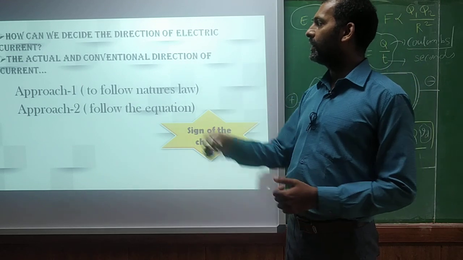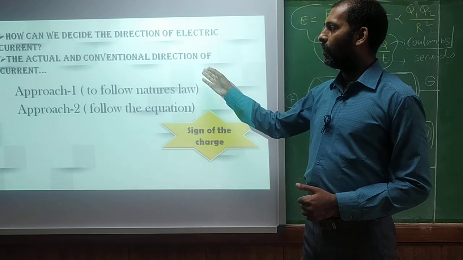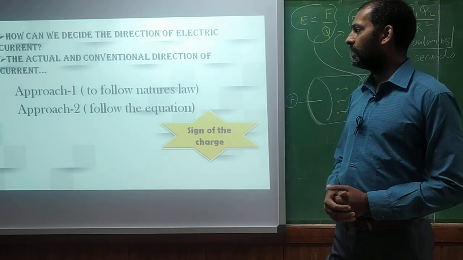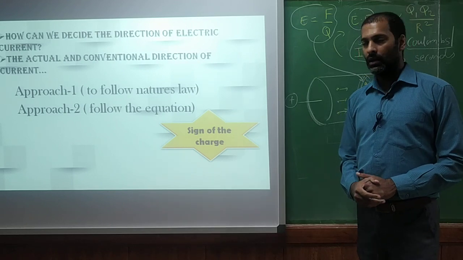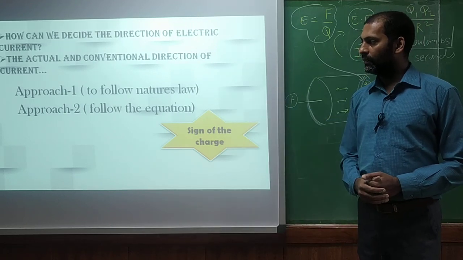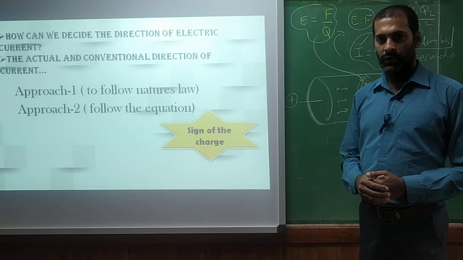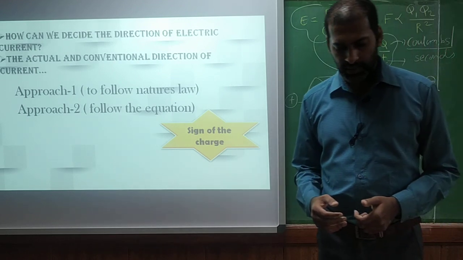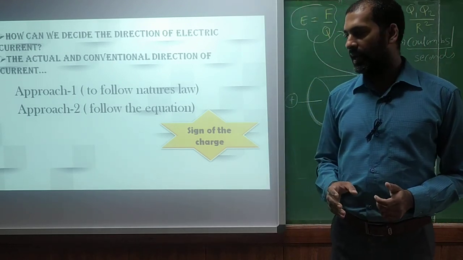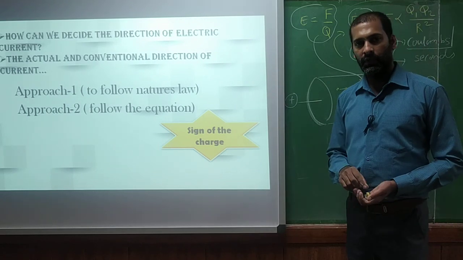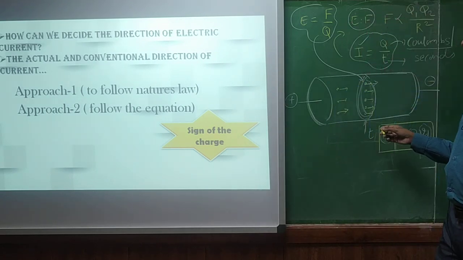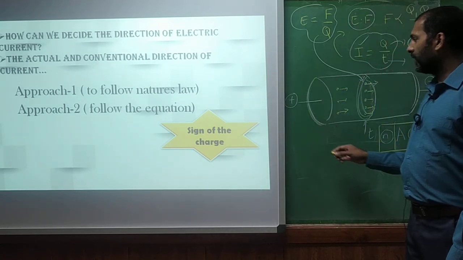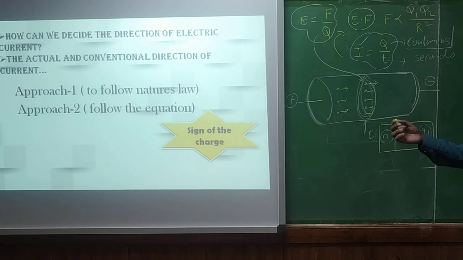How can we decide the direction of electric current, and what is the actual and conventional direction of the current? Let us first discuss the first approach, with Nature's law. What is Nature's law? Nature's law states that everything should follow the potential from higher to lower value.